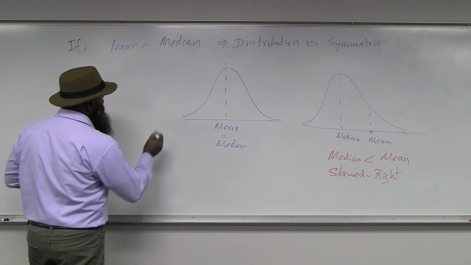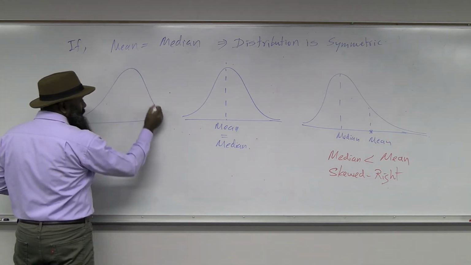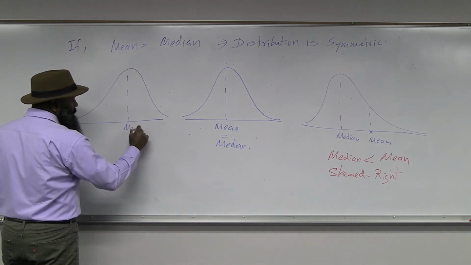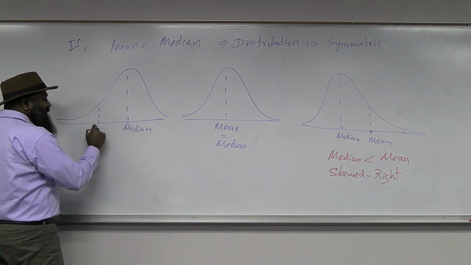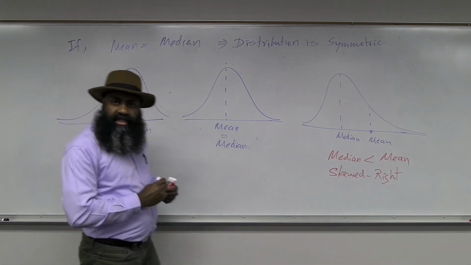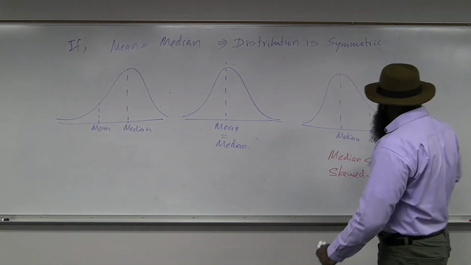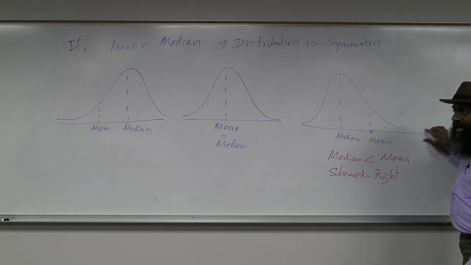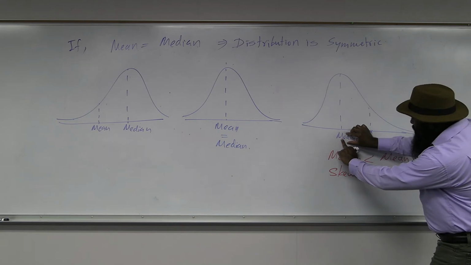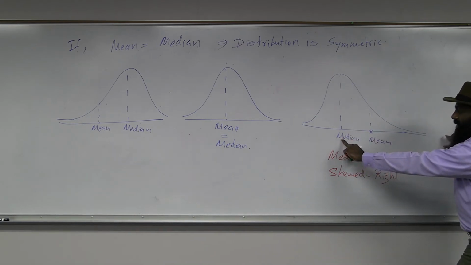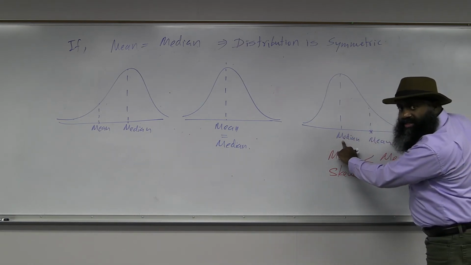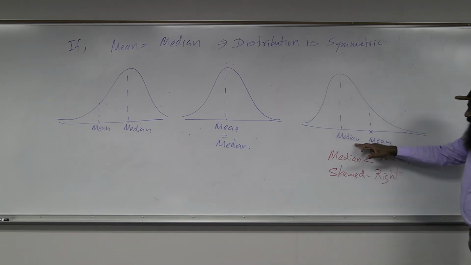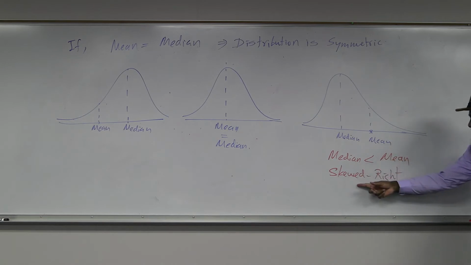And on the other hand, if you have a distribution like this, your median will be somewhere here, and your mean will be somewhere here. This is because when you have an extreme outlier, the mean is affected. This happens when you have an extremely large data point. When you have an extremely large data point, mean will be dragged towards that. Median stays as it was in the beginning, okay? So median will not be affected by the extreme. So when that happens, we say the distribution is skewed to the right.